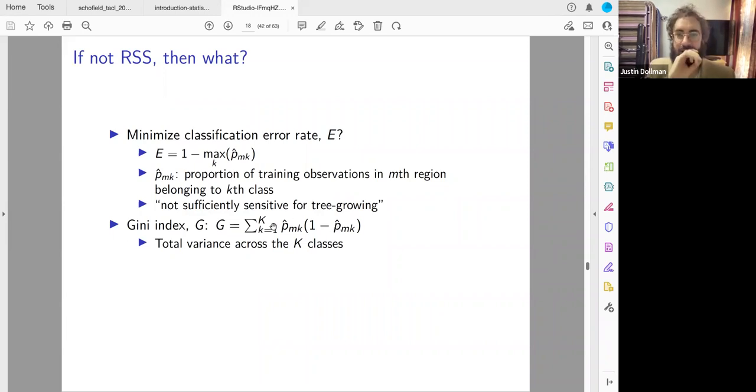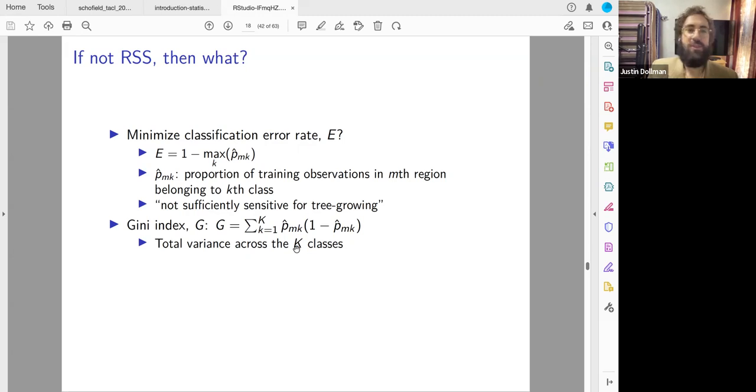It's easiest to think about in the two-class case, but again, K could be any number. It's just the number of classes that you're trying to classify. But notice the summation, so it's a total variance across the K classes.